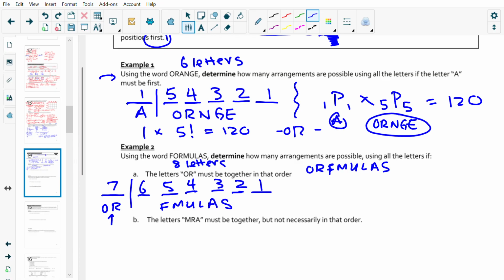One of the things I find helpful with permutations is that doing the calculations is one thing, but if you don't get the conceptual, abstract part right away, do a couple of examples like I'm doing here. One way I can arrange it is like this. Another way, the OR has to stay together, so it could be like this, like that, or like this.